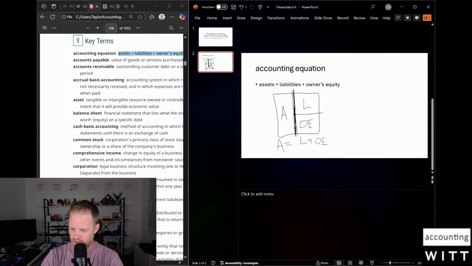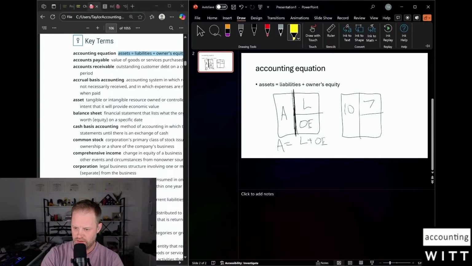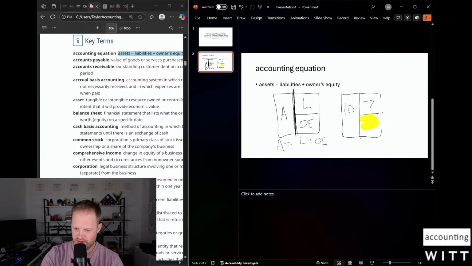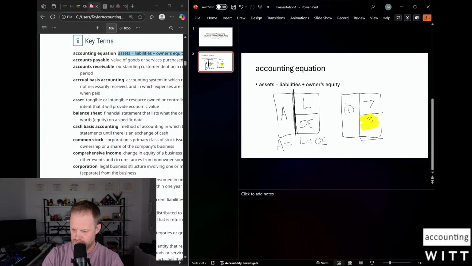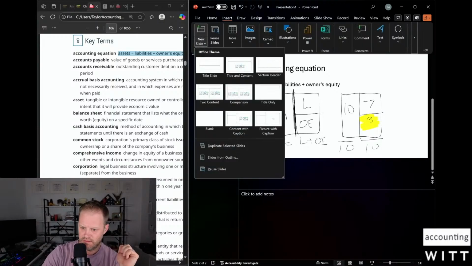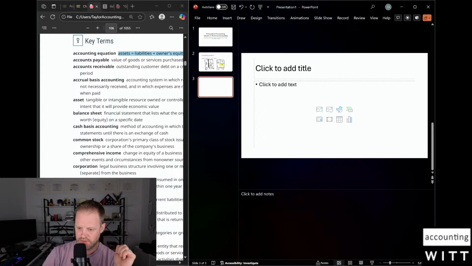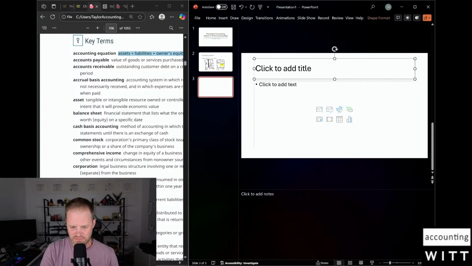So, if you have 10 here, 7 here, then you know that has to be 3. Both sides have to equal 10. All right. So that's how we could go through each of the terms.